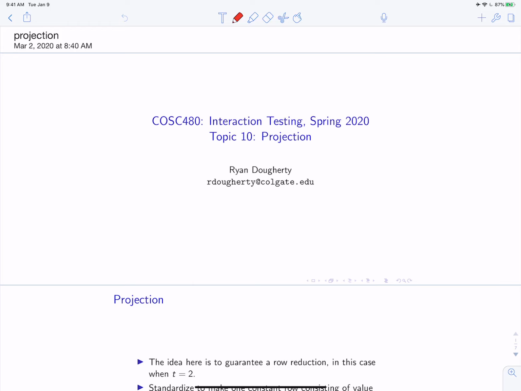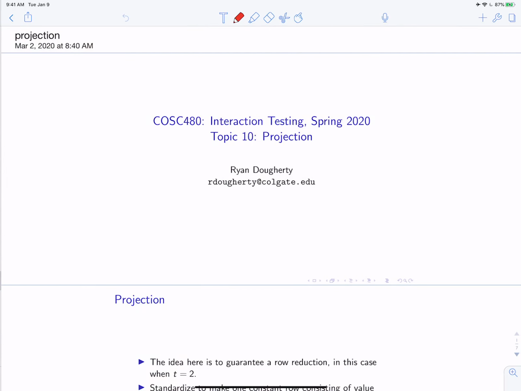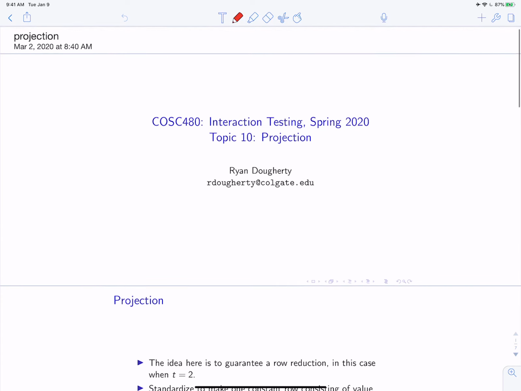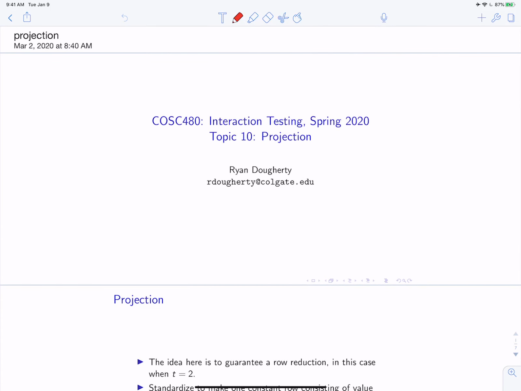Okay, I was going to talk about 2 different topics today. The one that's on the schedule is projection. But I realized that this is only a mathematical curiosity. It is a nice thing.